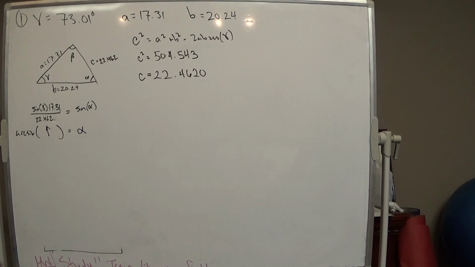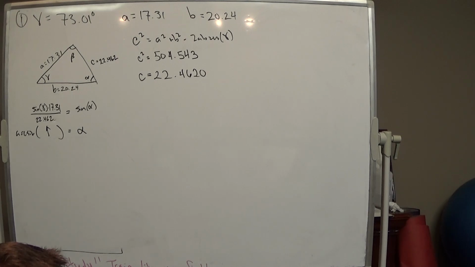Arcsine of sine. Oh no. Arcsine of... I'm trying. Your calculator is probably different, but if I try to press sine again, then it does something else. So I'm going to do the 17.31 first. 17.31 times sine gamma is 73.01, and sine.